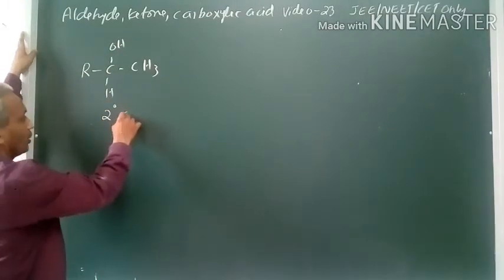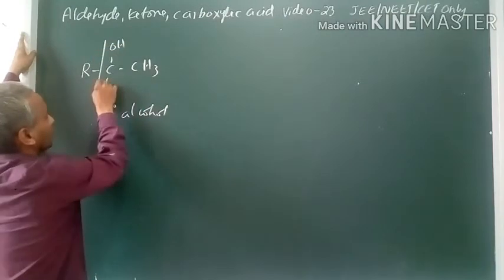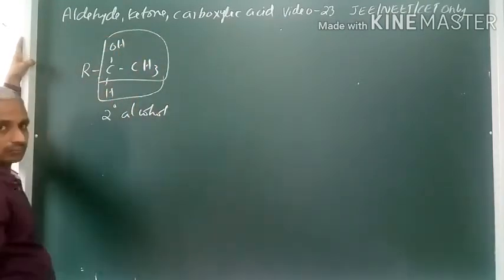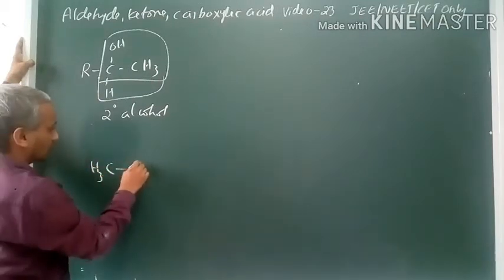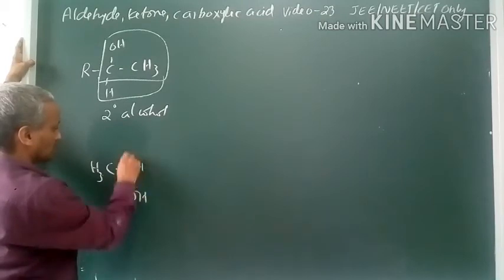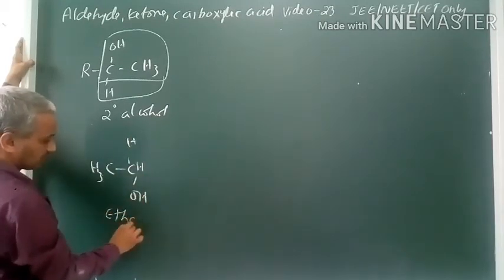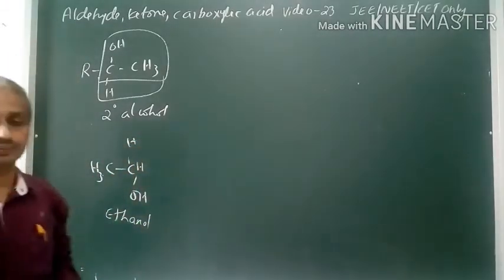It is a secondary alcohol, where there is a CH3CHOH. Or already this one, CH3CH2OH, ethanol. This also answers this iodoform reaction.